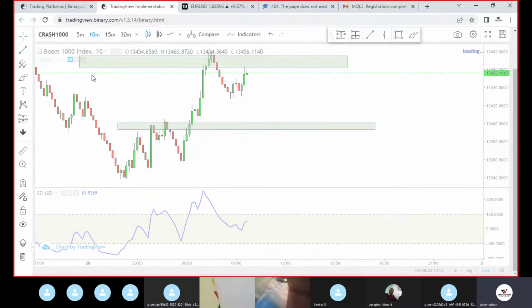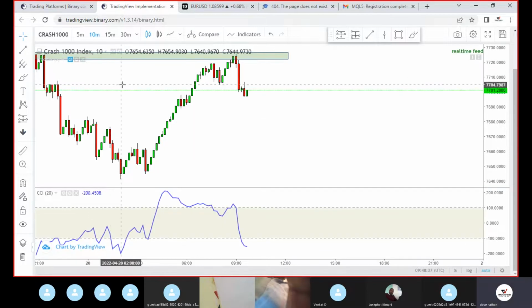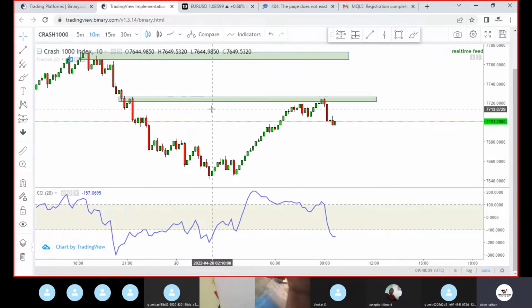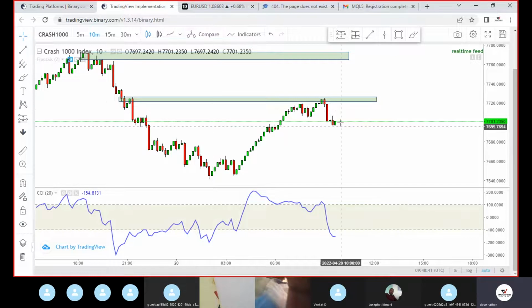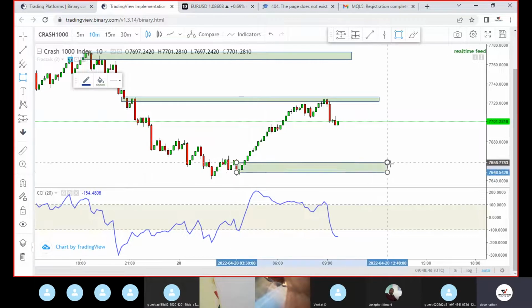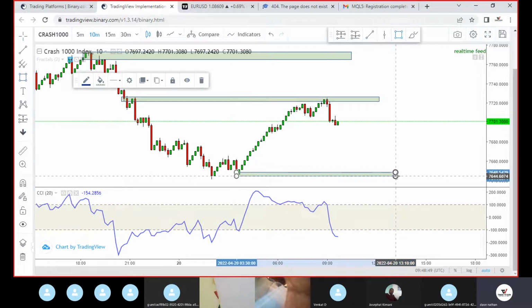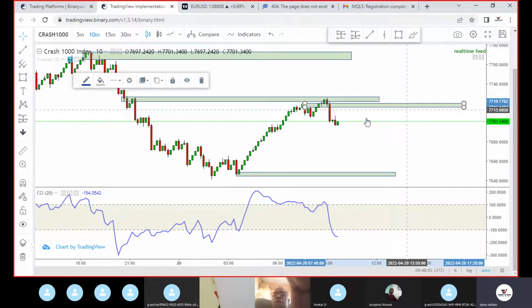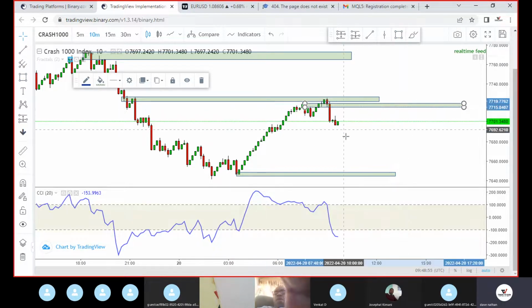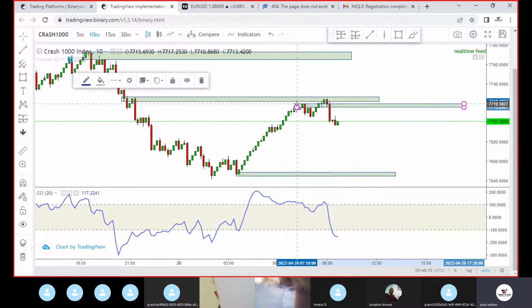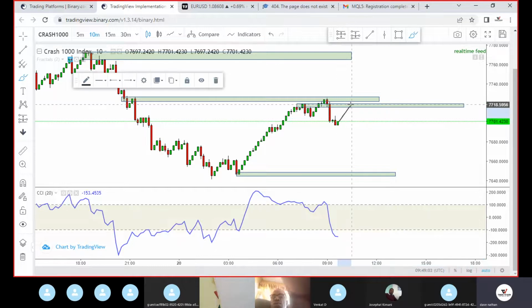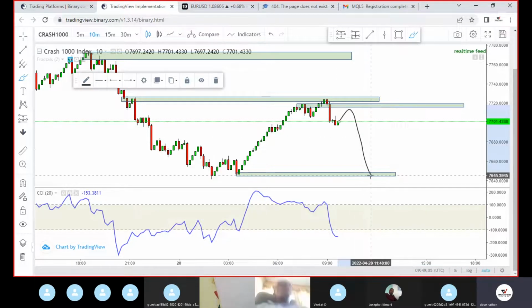So the next thing we're going to be looking at is, I'm actually anticipating Crash 1000 to fall back to this level, possibly, sorry, we're going to come to it at this level because this is a quasimodo pattern.